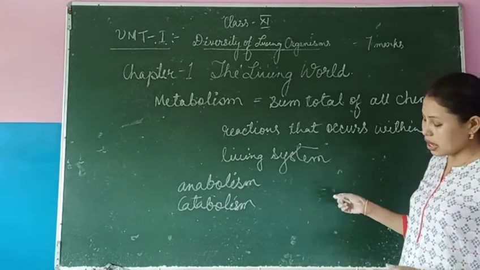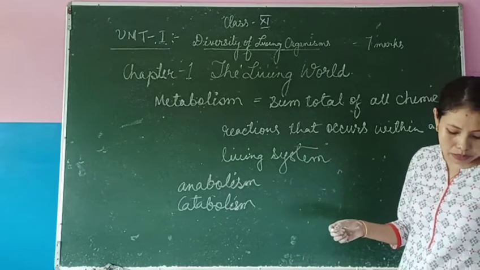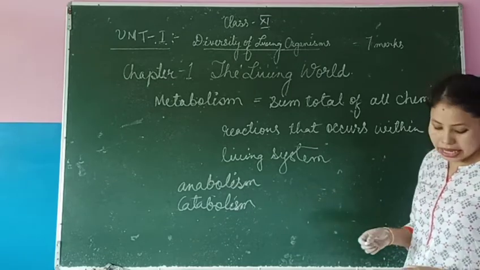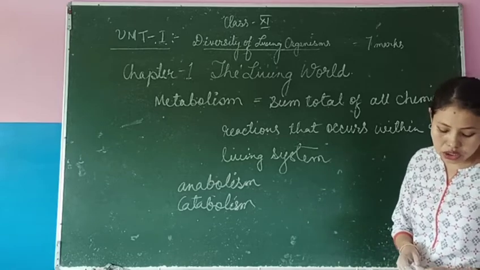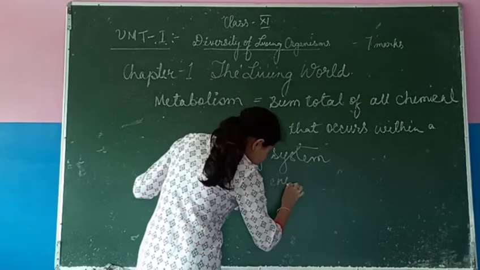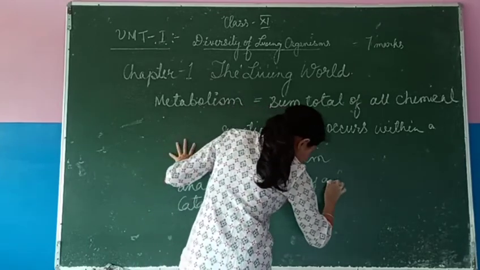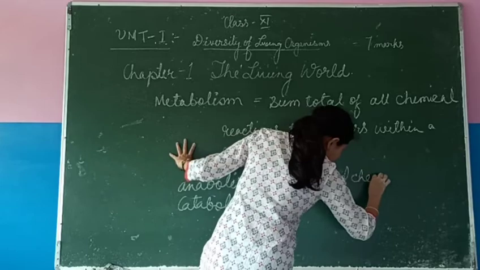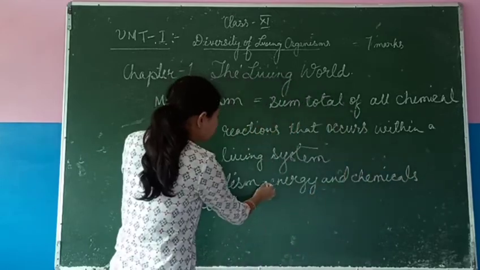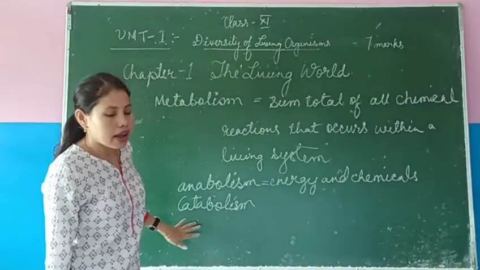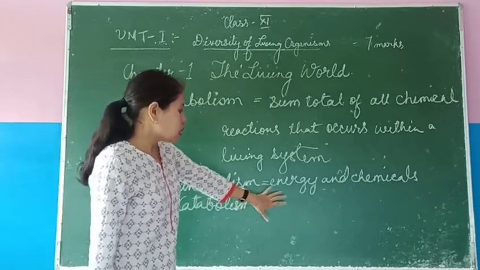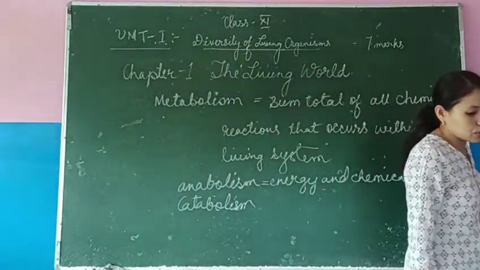So when I say anabolism, it means transformation of energy by converting chemicals and energy into cellular components. When we use energy and chemicals to form cellular components, then we call it anabolism. An example of anabolism is photosynthesis.